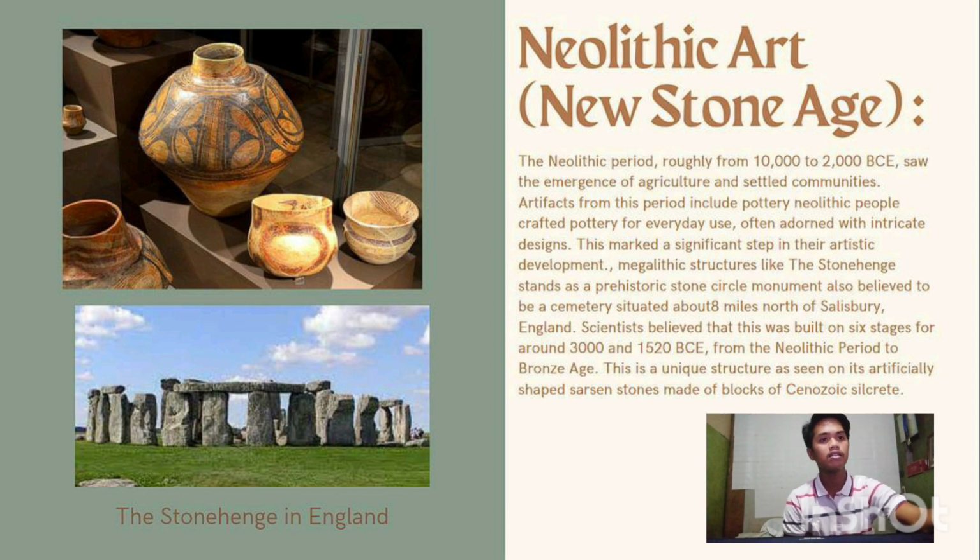Scientists believe that this was built in six stages from around 3000 to 1520 BC, from the Neolithic period to the Bronze Age. It is a unique structure, as seen in its artificially shaped sarsen stones made of blocks of Cenozoic silicate. So Stonehenge is located in Salisbury, England, Europe.